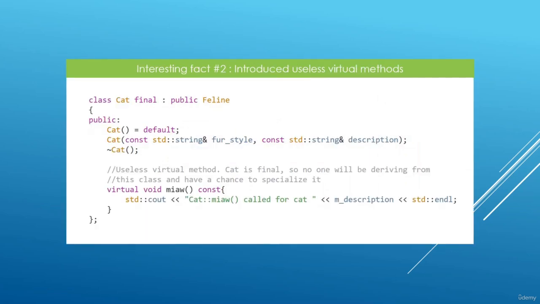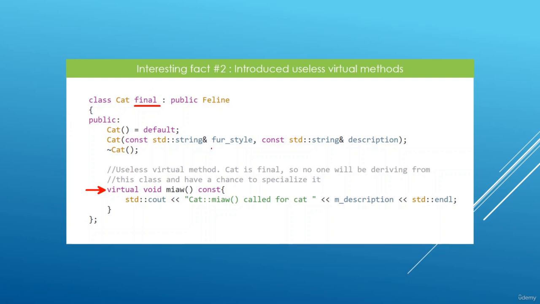Another thing is that it is possible to introduce useless virtual methods in your inheritance hierarchy. For example, if our cat class is marked as final, what this means is that nobody will ever be able to inherit from this class. But we are going further and setting up a virtual method which is meant to be inherited or overridden in downstream classes.